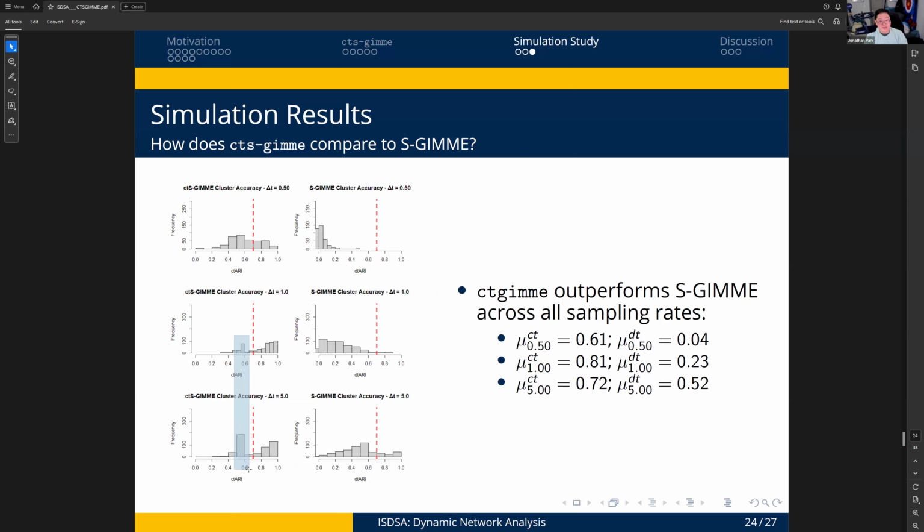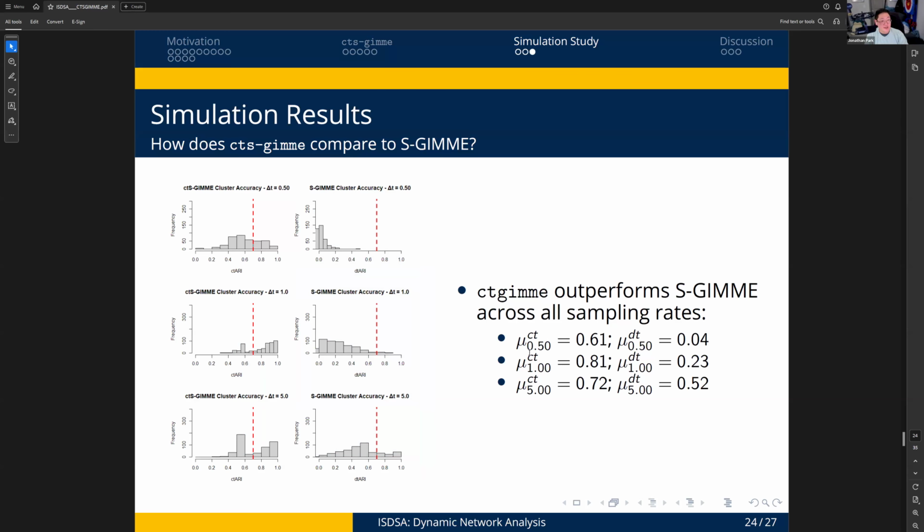In these cases, these correspond to places where continuous time gimme is consistently saying there's 2 groups when there's actually 3. So there is a notable conservative bias in continuous time sgimme.